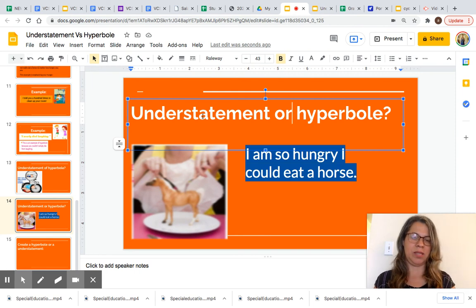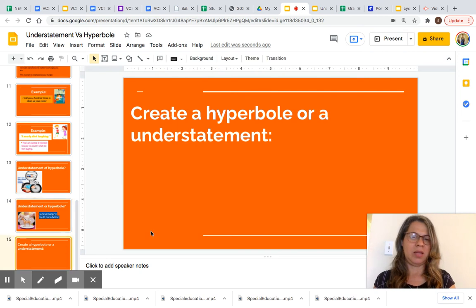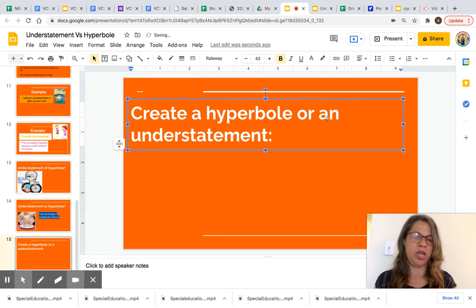Or you can tell someone next to you. And the last activity you are going to do today is this one. You are going to create either a hyperbole or an understatement. You can write down a sentence or you can just draw your hyperbole or understatement.